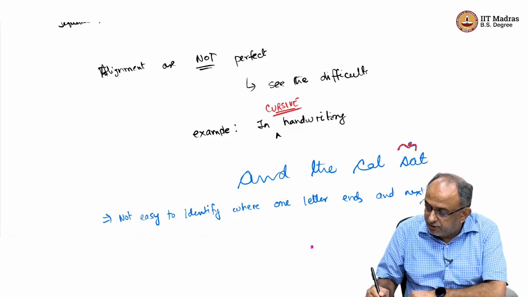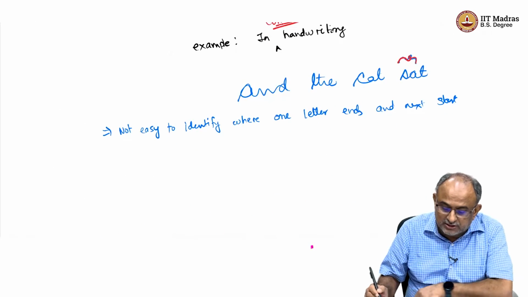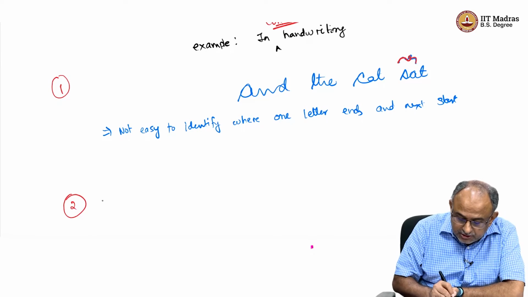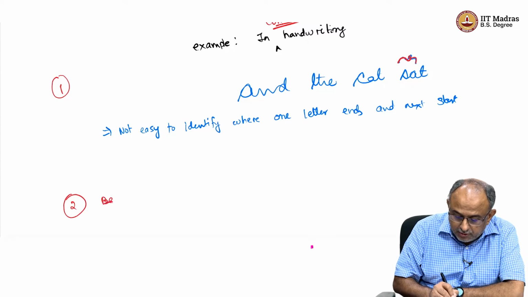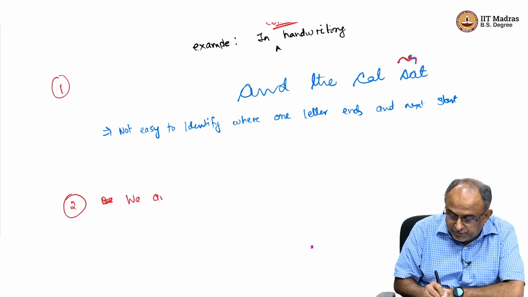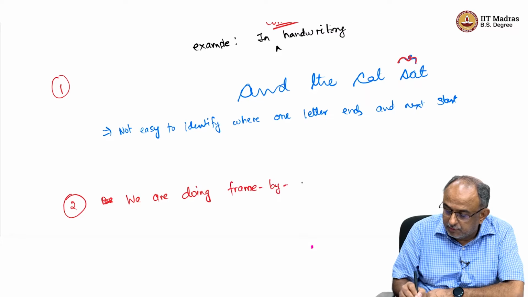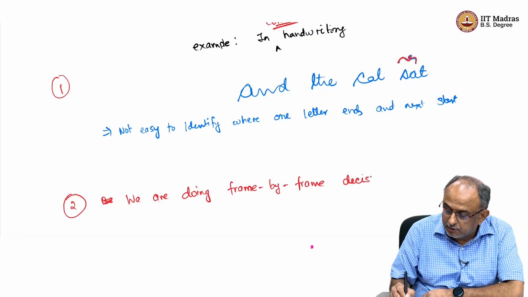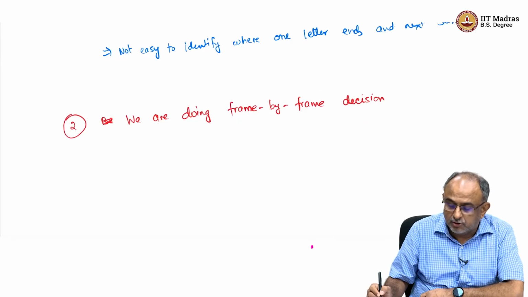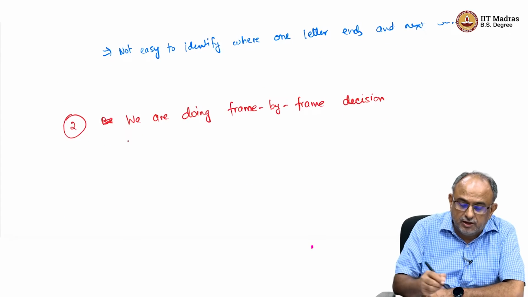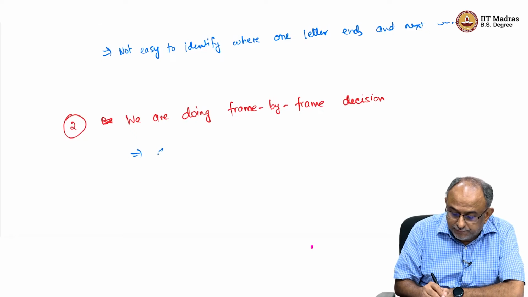So, therefore, this becomes difficult, and one reason is this, the second is because we are doing a frame by frame decision. What do I mean by that? Every frame we are trying to assign to a particular phoneme.